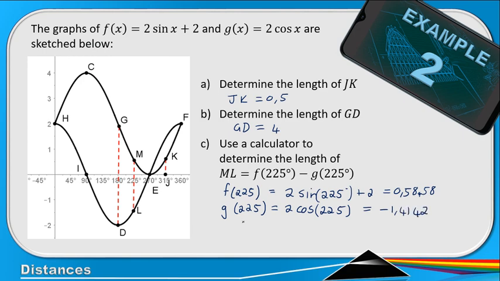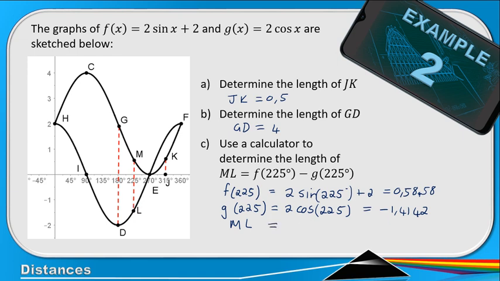All right, now to find ML, we can just do exactly what they've instructed us here, take this value we found and subtract this value. In general, we always take the top one minus the bottom one to find a distance. So always the top value minus the bottom value.